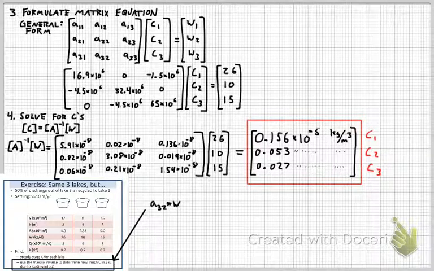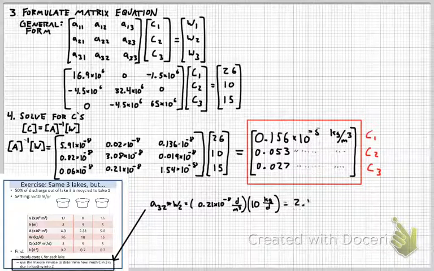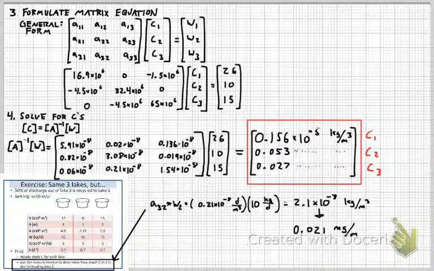So A32 is the response of lake 3 to a load in lake 2. We can multiply that by W2, the load into that lake. And so I'm just grabbing that appropriate term out of the inverse matrix, multiplying by the loading, and I get 2.1 times 10 to the negative 8th kilograms per meter cubed, or into units that are perhaps a little easier for us to wrap our heads around, 0.021 milligrams per cubic meter as my final solution.